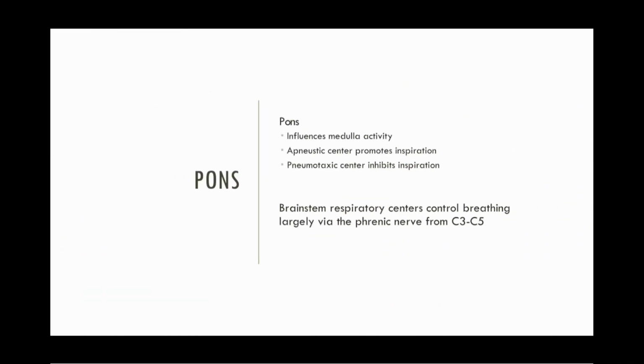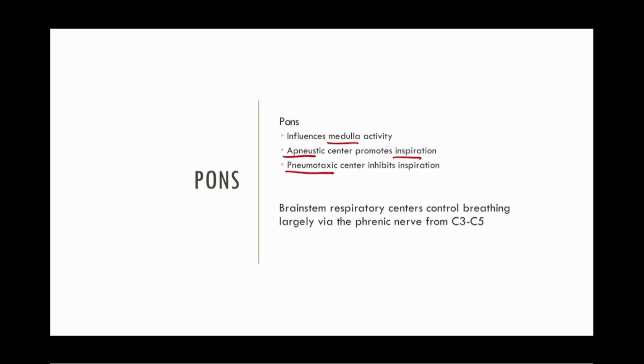So the pons influences medulla activity, has an apneustic center which promotes inspiration. So the apneustic center in the brainstem is going to promote inspiration, and we also need a way to slow it down. So we have a pneumotaxic center, which is going to inhibit your breathing, inhibits inspiration. So those are the two areas. Same thing we talk about with the nerves. We have stimulatory nerves and we have inhibitory ones. Same thing with our breathing.